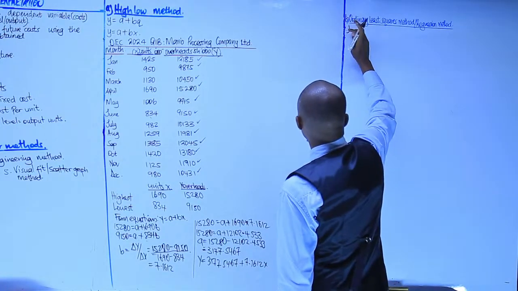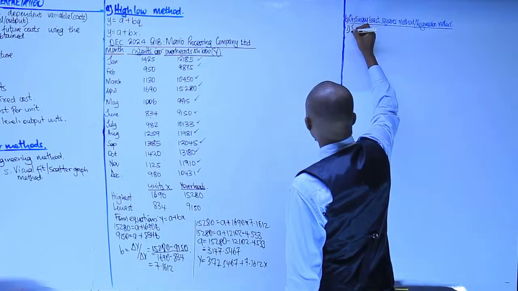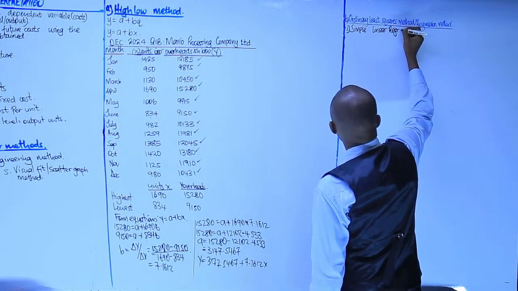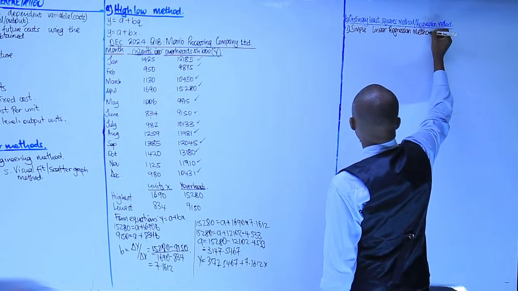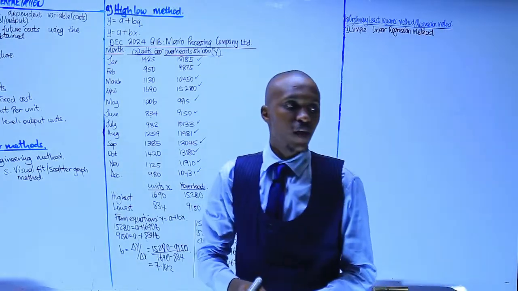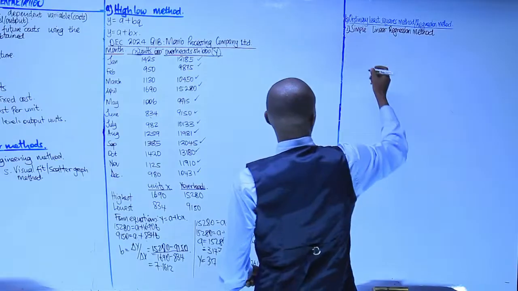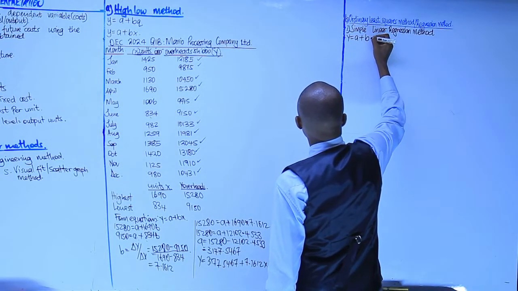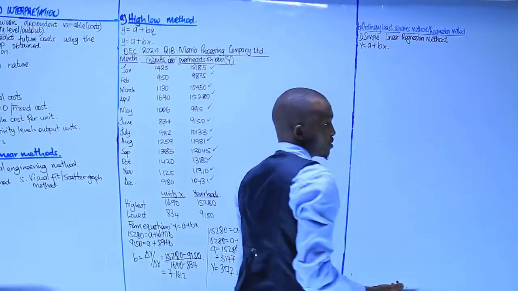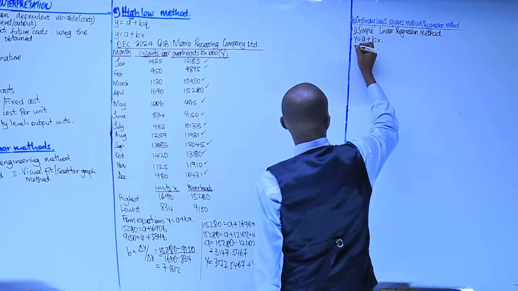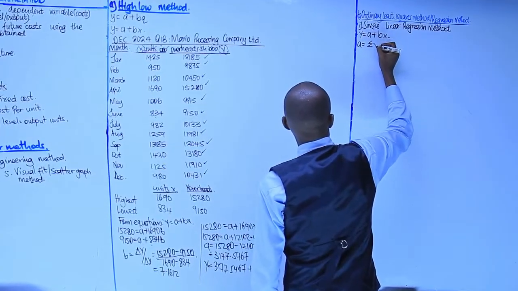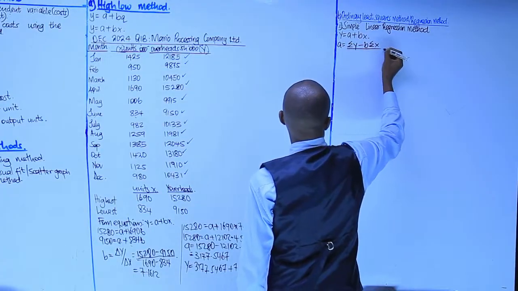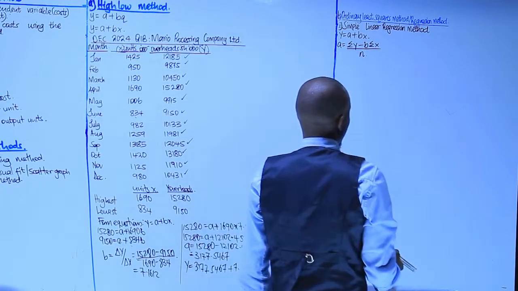First, ordinary least squares, which is the simple linear regression method, a cost estimation method that requires you to form simple linear regressions of the form y = a + bx, where a is given by the summation of y minus b summation of x, divided by n.